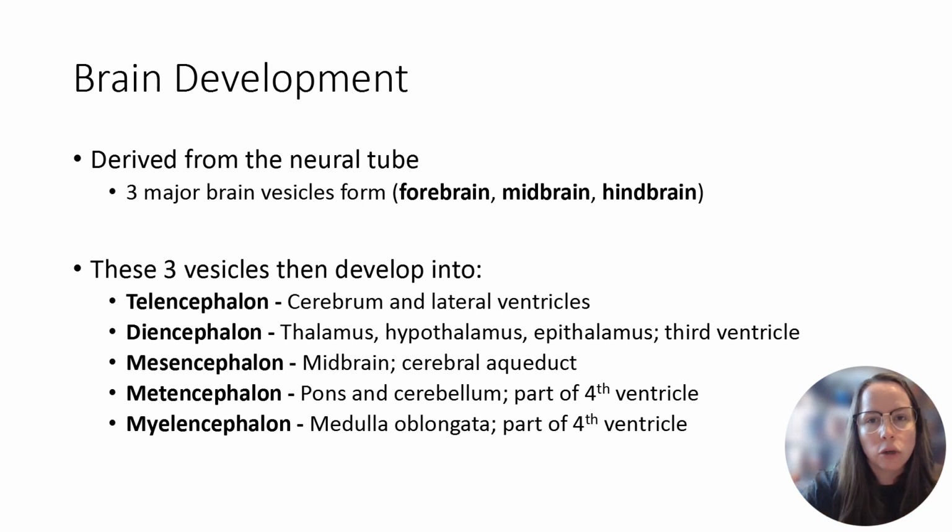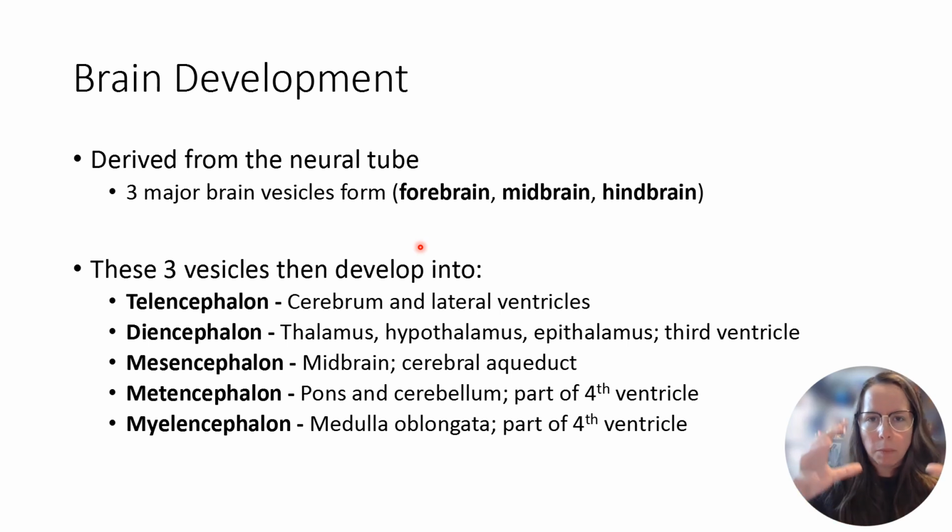Well, that neural tube, as we talked about in that chapter, part of it's going to become your spinal cord, and at the very, very anterior end, it's going to start to bubble out, and that bubbling is going to form what we call primary brain vesicles. They're like little bubbles of brain, and we refer to these as the forebrain, the midbrain, and the hindbrain.